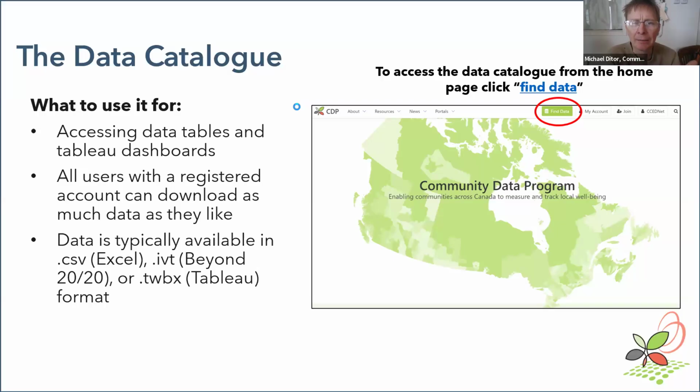I just want to make the distinction because the program is not set up so that you give us your data orders and then we order it for you from StatsCan or other agencies. We do definitely want to hear what data you're interested in acquiring, what data you need. That helps to inform our acquisitions.